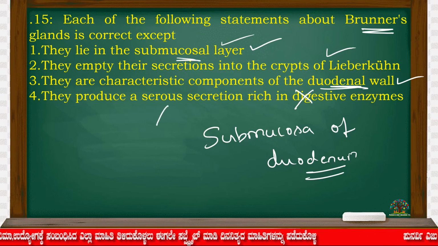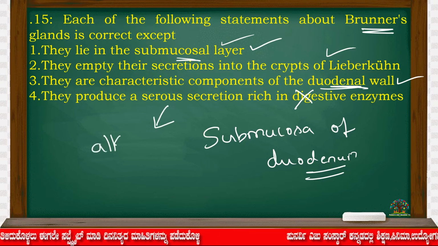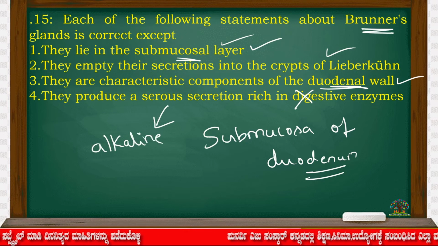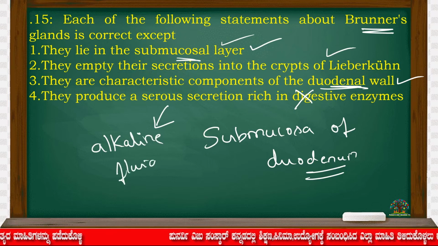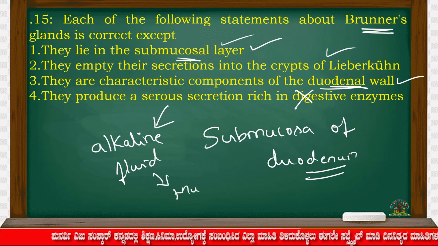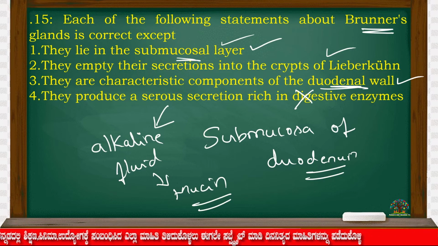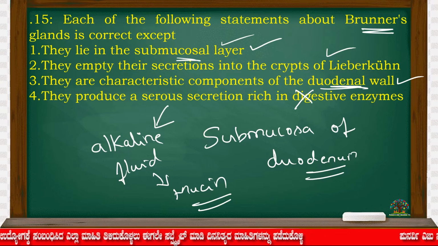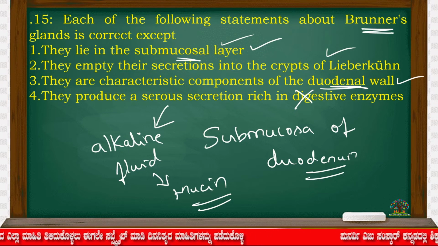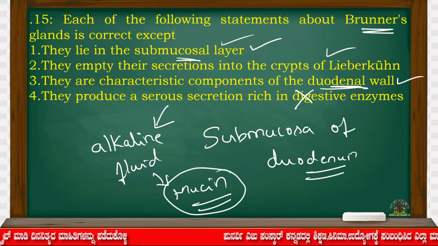They secrete something called alkaline fluid, and this alkaline fluid is called mucin. So mucin is a substance that is secreted by Brunner's gland, and this mucin is protective in function.